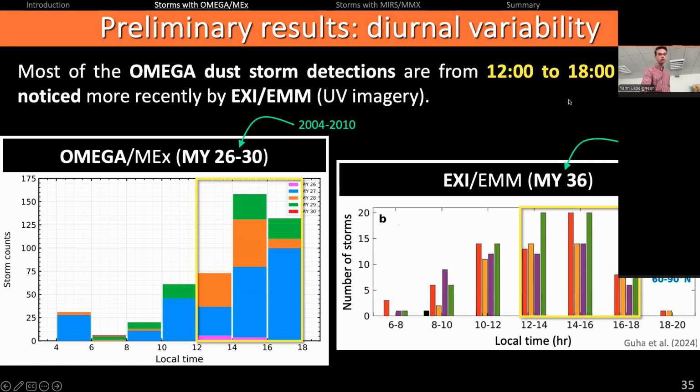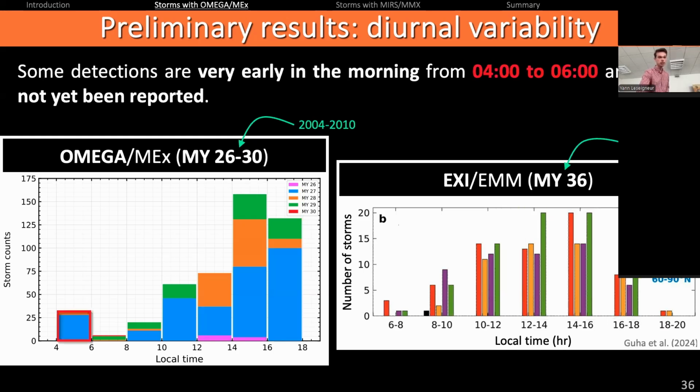And we can notice that we have the same trends of the diurnal variations of the dust storm detections, again, between noon and 6 p.m. But also what is new with OMEGA is that we have some detections really early in the morning between 4 and 6 a.m. that has not been reported by the EMM mission.